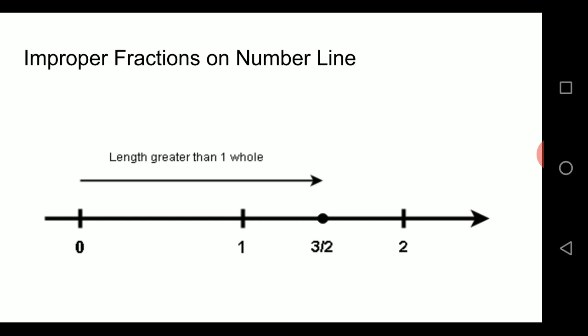So here we have 3 by 2, but it's not coming under 0 to 1, because it's one whole and another half. If you add them together, you get 3 by 2, which goes beyond 1. Similarly, n number of possibilities are there.